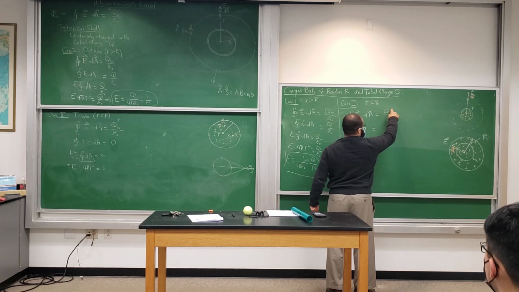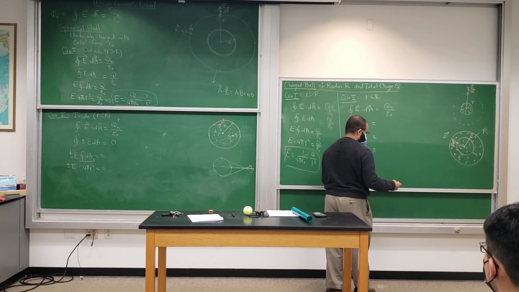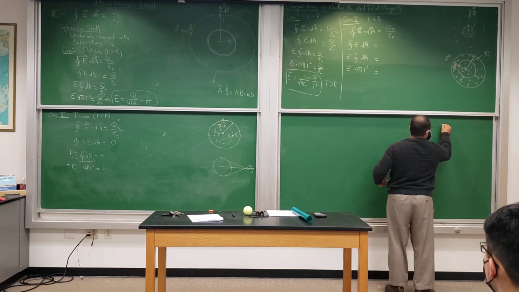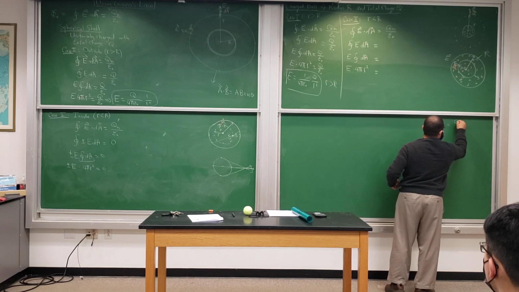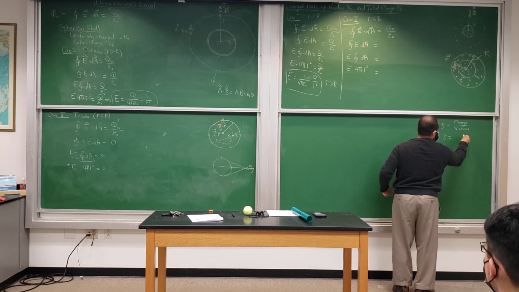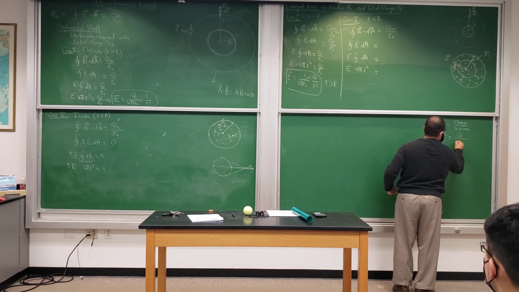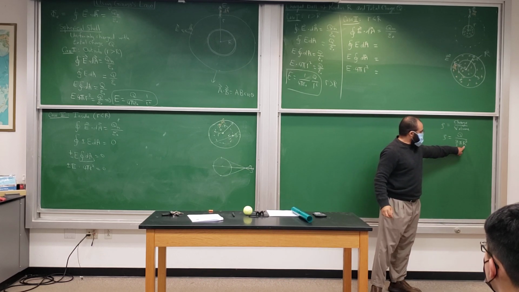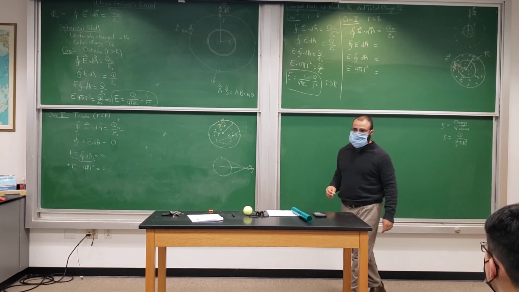The Q inside is the, let's do it here. I know that the charge density is charge per volume. The total charge we have is Q, and the volume is 4/3 pi R cubed. That's how the charge is distributed throughout my uniformly charged sphere.